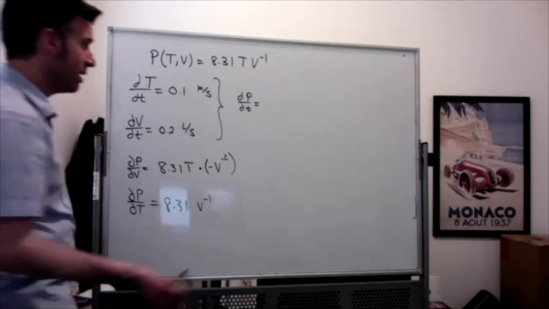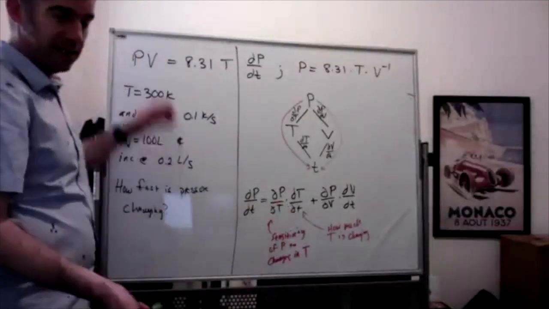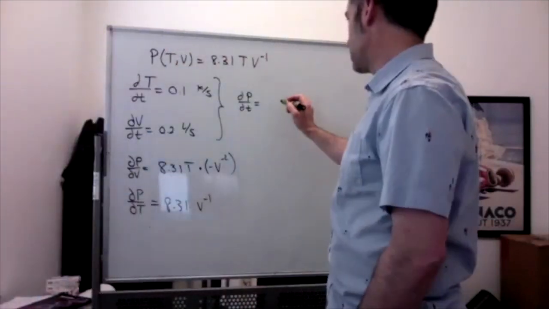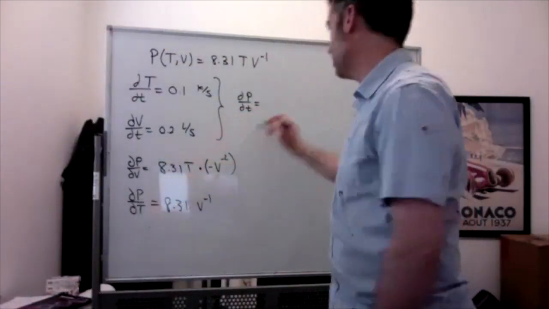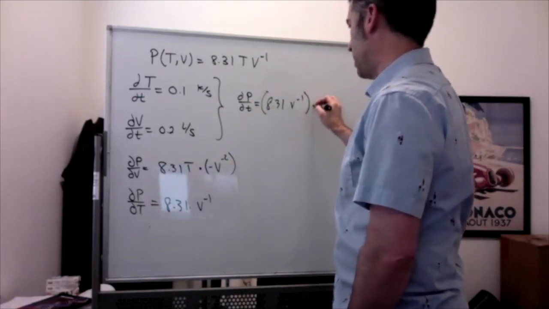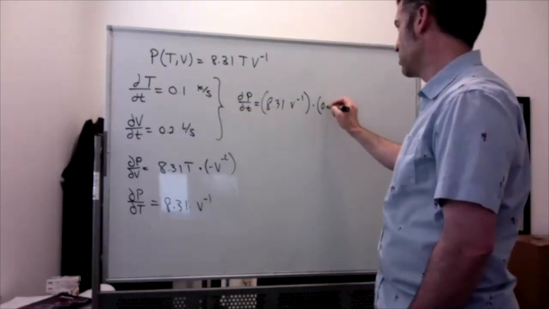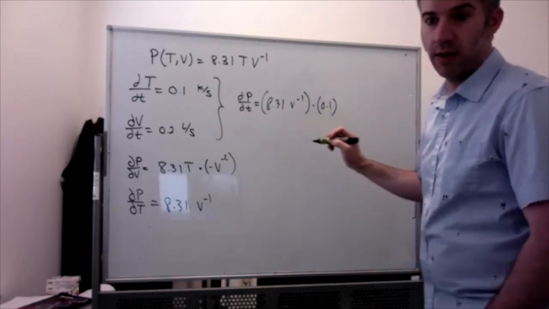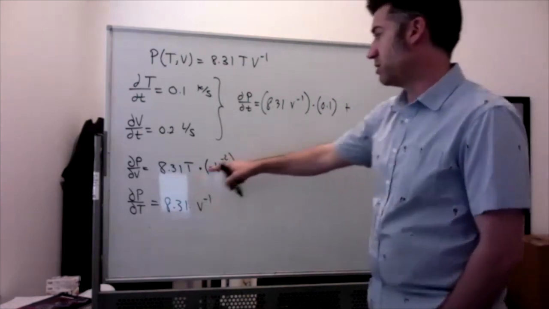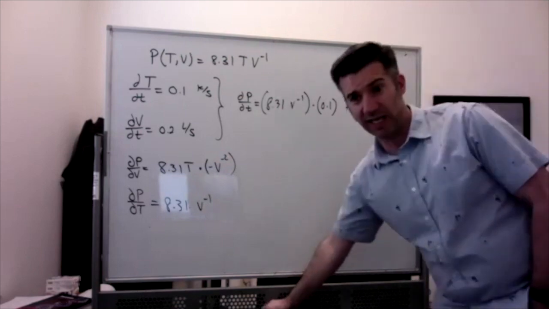So plugging things into my formula, right? It's del P del T times dT/dt. The letters are killing me. So it's del P del T, so 8.31 V to the negative first times dT/dt, and then plus, sorry, I lost my spot here, del P del V, which is 8.31 T. Sorry, let's just make it a minus.